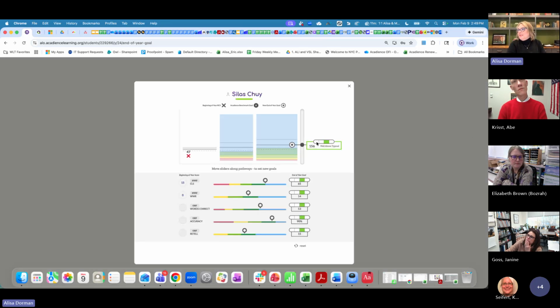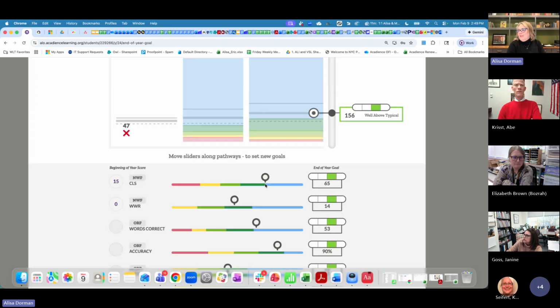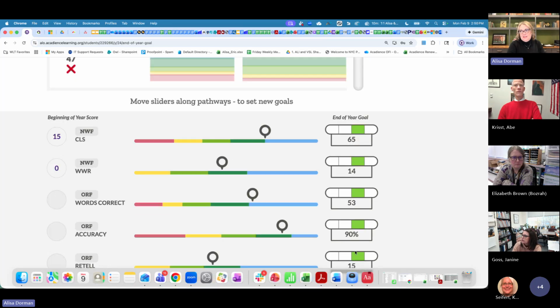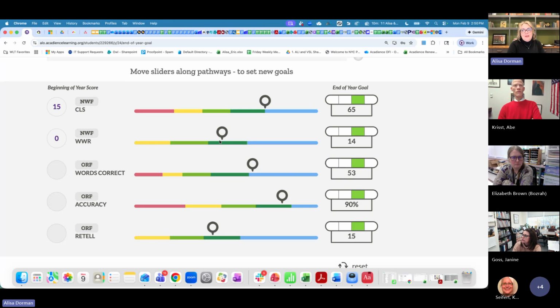So, this gets the student to benchmark, and you can see this student's hovering well above typical pathway, but getting just to the benchmark on each of these. Sometimes they're in the above typical, sometimes they're in the well above typical.